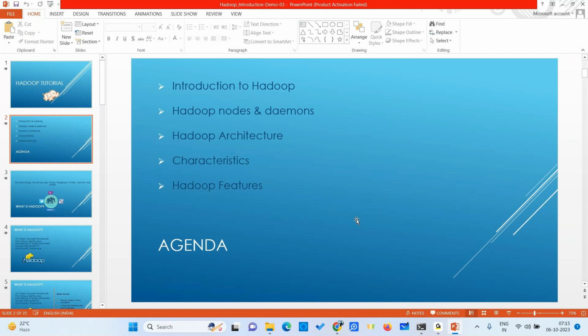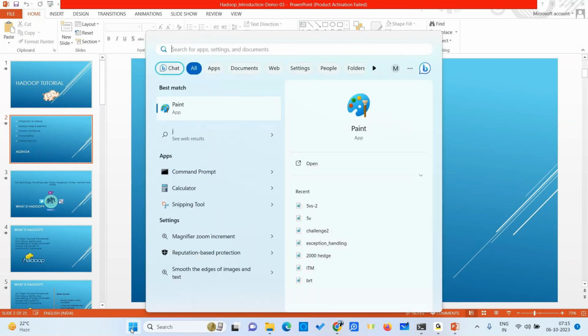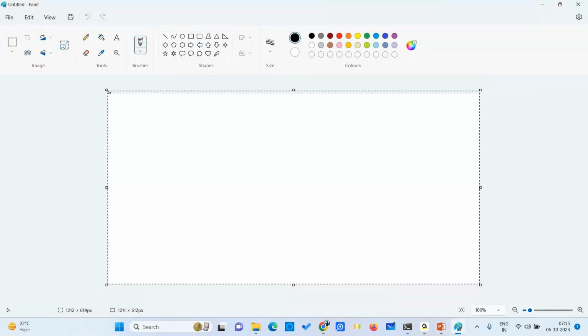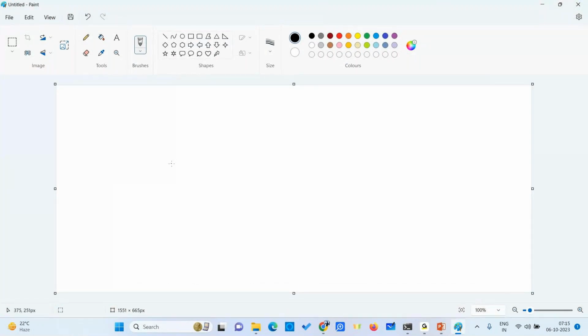I'll tell you one small example. For example, if you are going to buy a product on an e-commerce platform, that is Amazon. For example, you are buying one Android mobile.